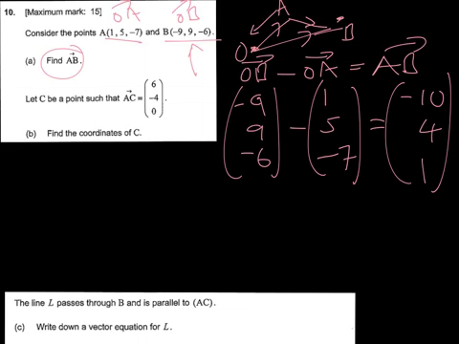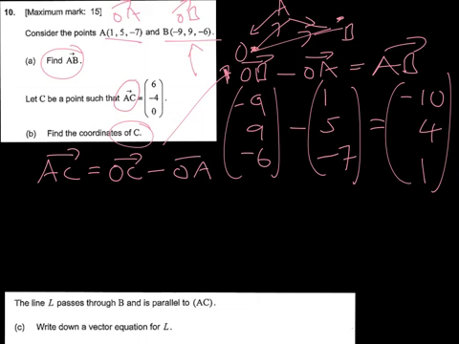Similarly, in part B, we're told that C is a point such that vector AC is equal to 6, negative 4, 0, and we're asked to find the coordinates of C. Likewise, we can interpret the information in an equation of a similar form, in the sense that vector AC is the same as vector OC minus vector OA.